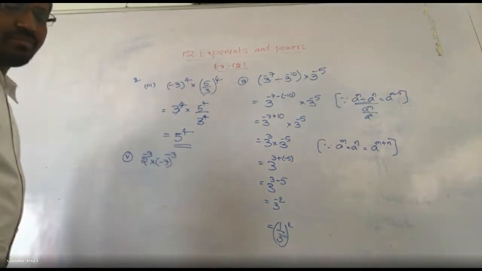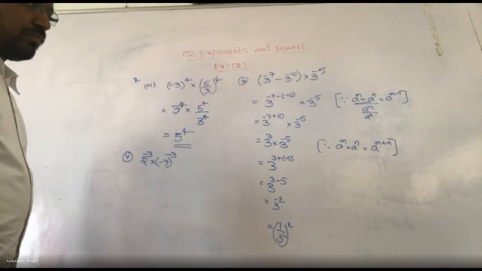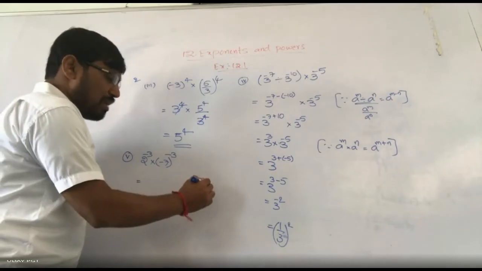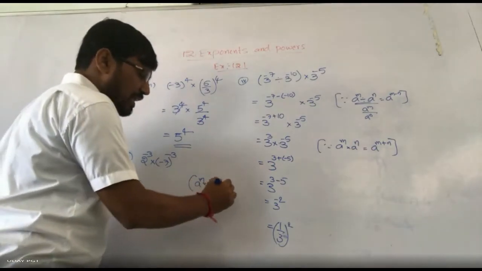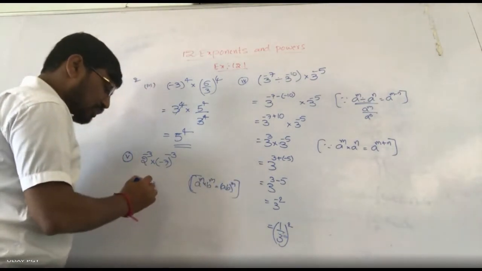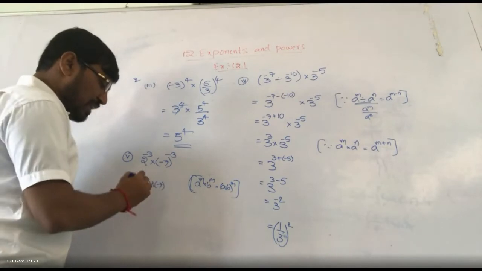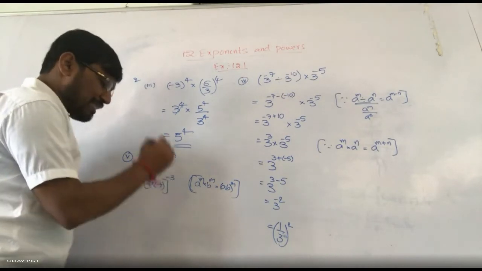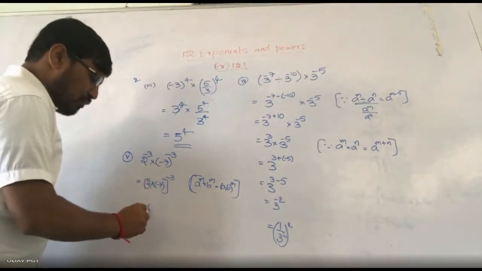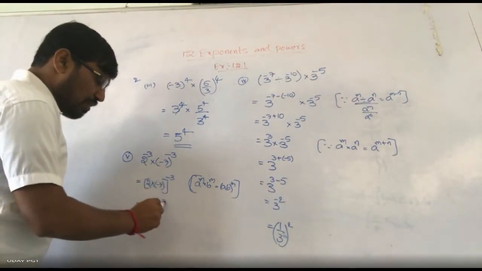The powers are the same, so it is a power m into b power m form. So we can write it as ab whole power m. That means you need to multiply the bases: 2 into minus 7 whole power minus 3. 2 into minus 7 is minus 14, so minus 14 whole power minus 3.